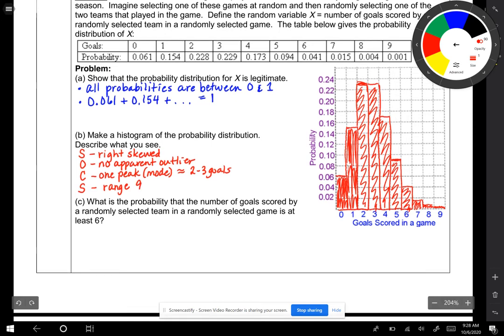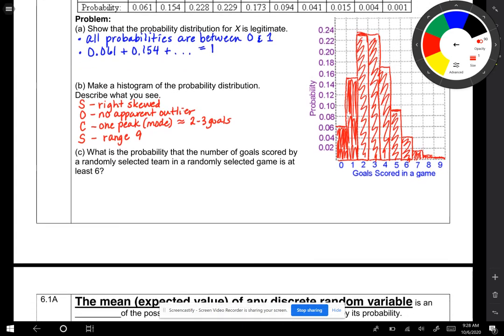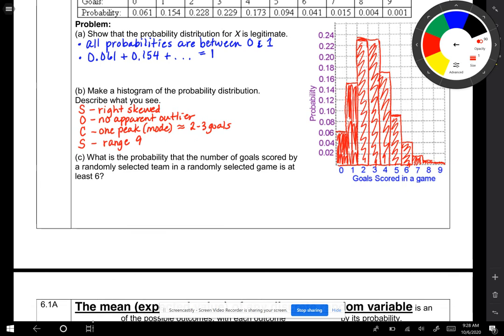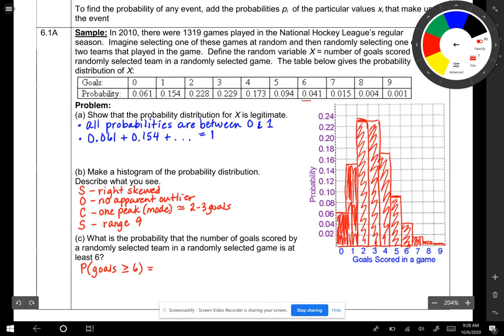What is the probability that the number of goals scored by a randomly selected team in a randomly selected game is at least 6? So the probability that the goals scored at least means greater than or equal to 6. So you're going to look at these 4.